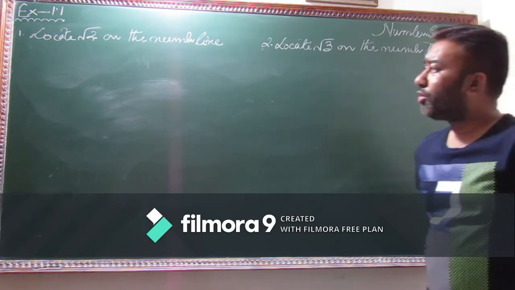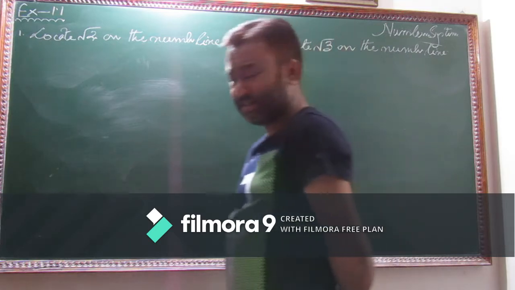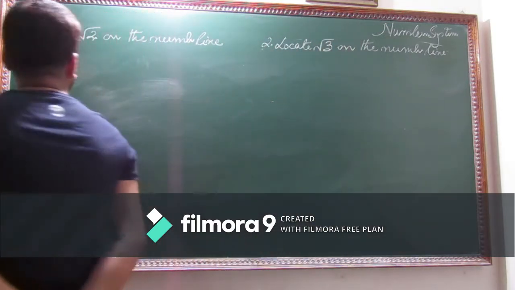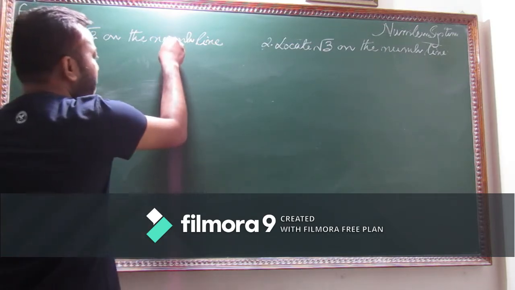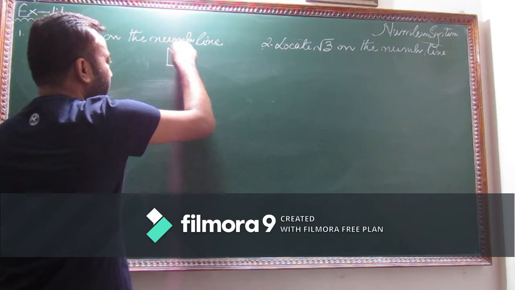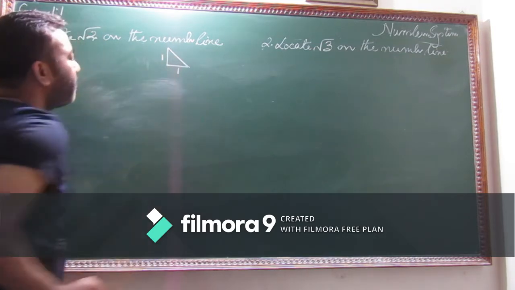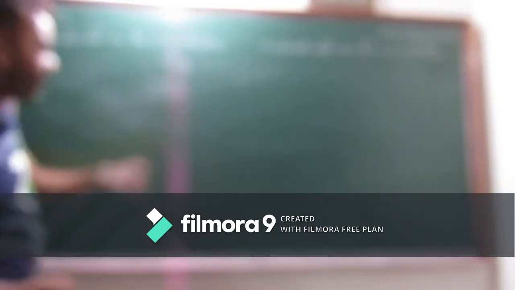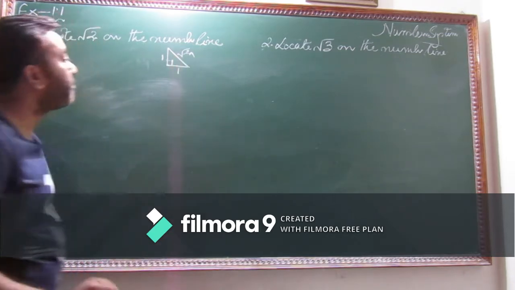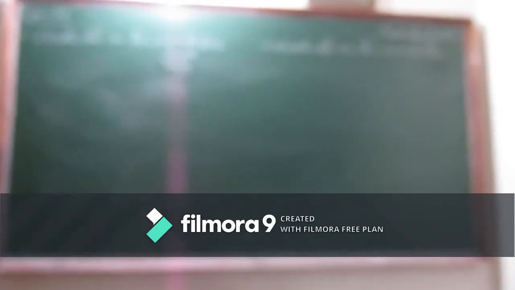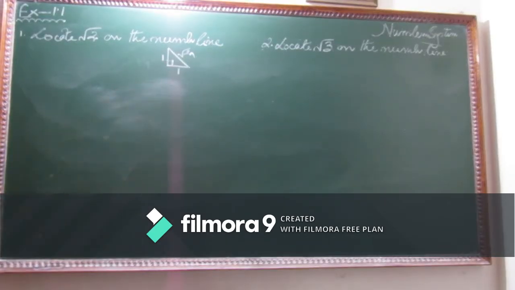So basically root 2 is an irrational number, but geometrically root 2 is the diagonal of the right triangle whose sides are of measure 1 unit. That means if I consider this right triangle and this is 1, so its hypotenuse is root 2. Okay, but I have to draw this root 2 on the number line.